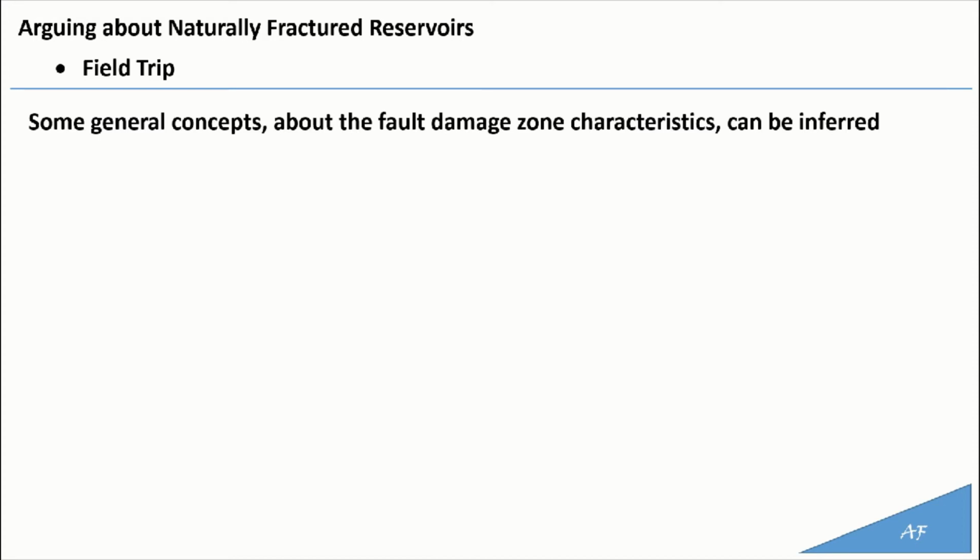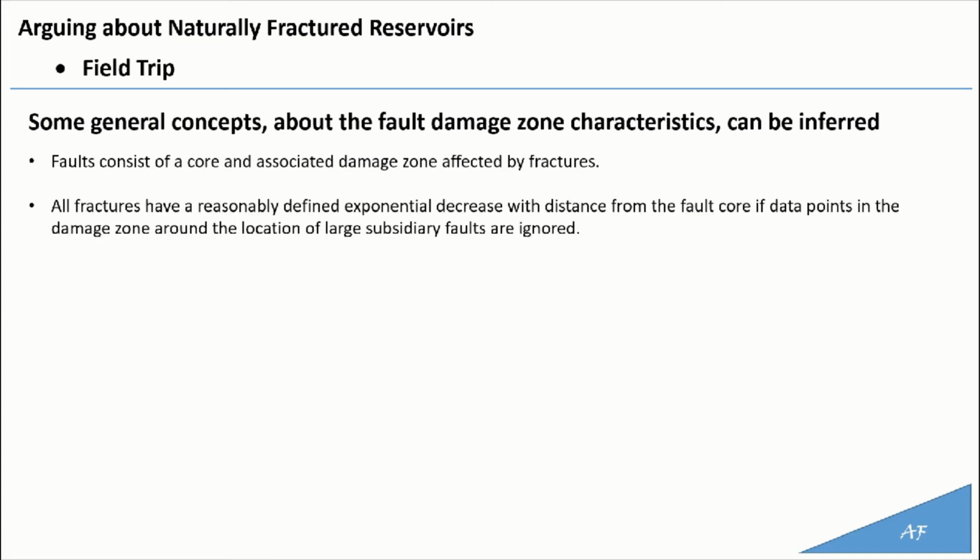So, in the light of these papers, some general concepts about the fault damage zone characteristics can be inferred. A fault consists of a core and associated damage zone affected by fractures. All fractures have a reasonably defined exponential decrease with distance from the fault core, if data points in the damage zone around the location of large subsidiary faults are ignored.